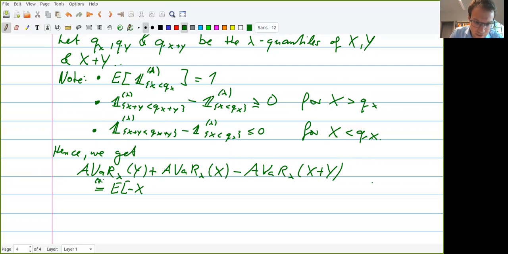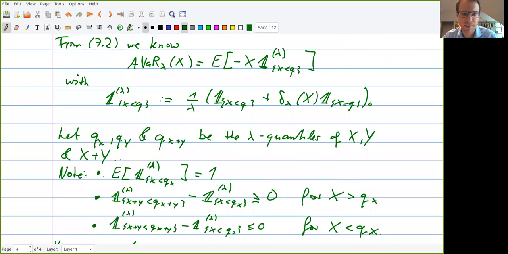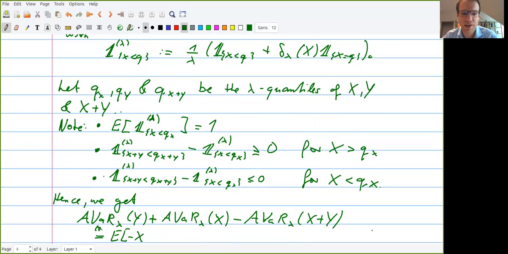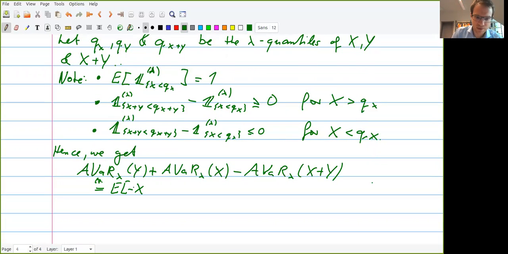so that's 7. What number was it? Did I give it a number? No, I didn't give it a number. So this is the expression we have here. We had the identity we deduced from 7.2. The same here with y.